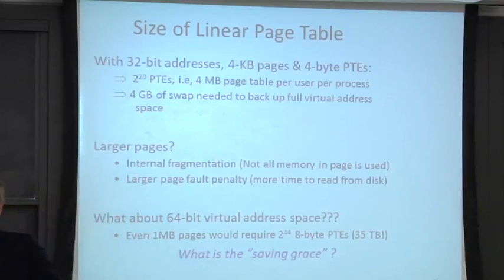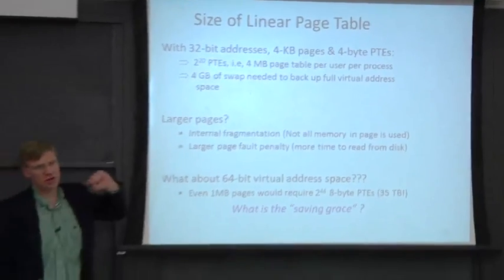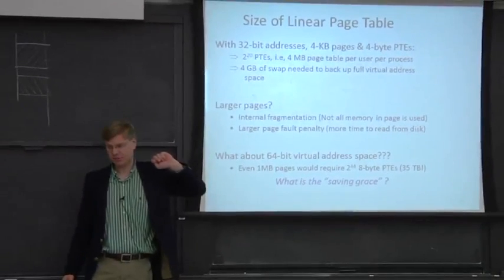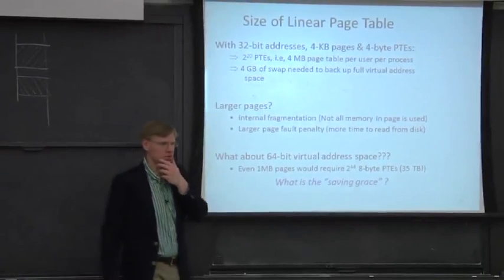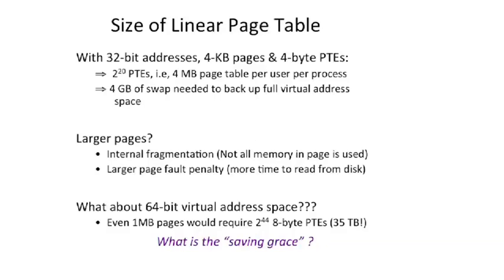Now, what are some approaches to make it more storage effective? You can go to larger pages. So instead of having 4 kilobyte pages, we have 1 megabyte pages. That would take the number of page table entries and dramatically shrink it, and it would also dramatically shrink the linear page table size. Some downside is you start to have more internal fragmentation.